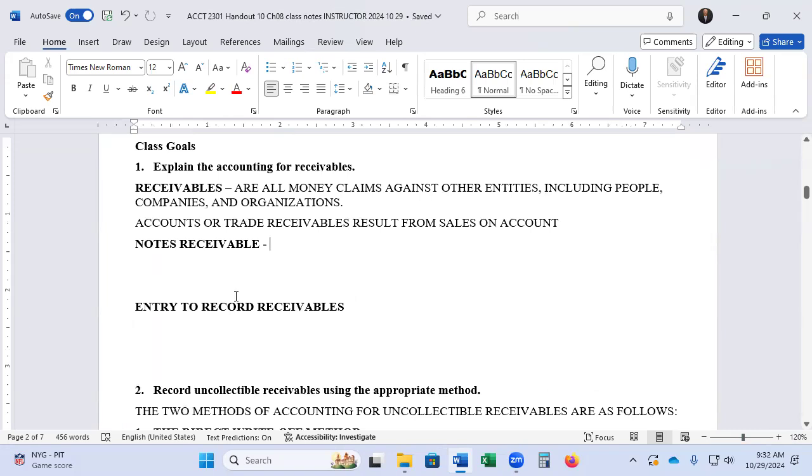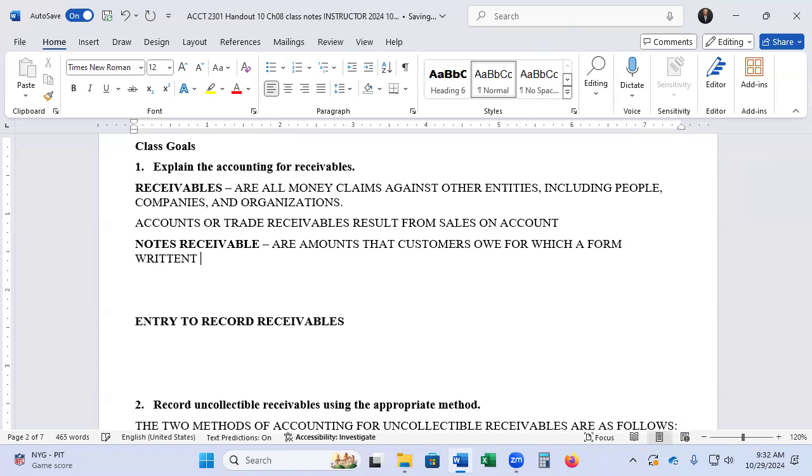And then notes receivable are amounts that customers owe for which a formal written credit instrument has been written.